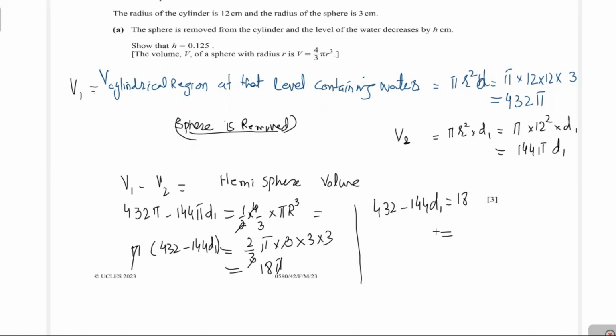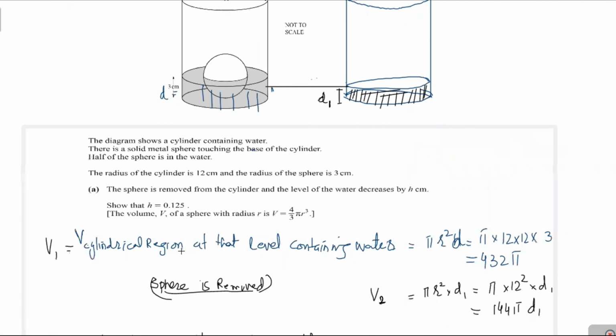Now we can write it as 432 minus 18 equal to 144 d1. Now 432 minus 18 will be equal to 414 divided by 144 equal to d1. Now 414 divided by 144, that's equal to d1 will be equal to 2.875.